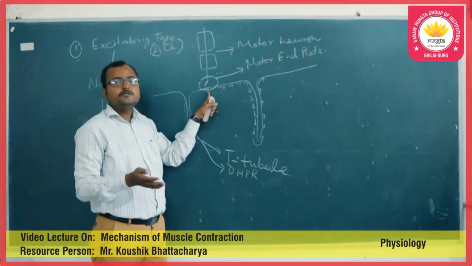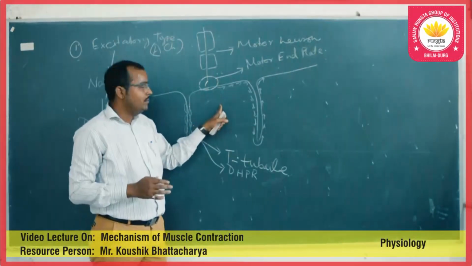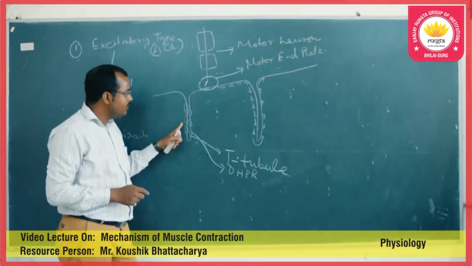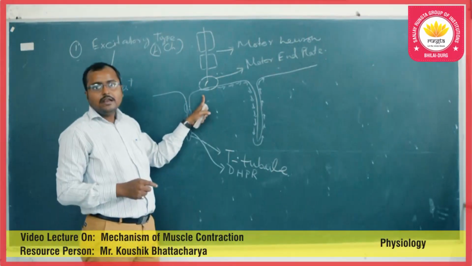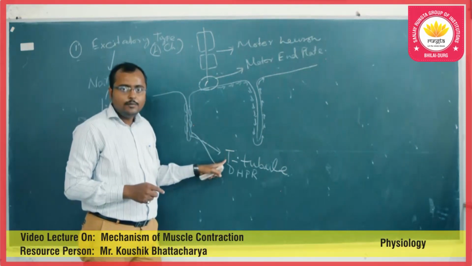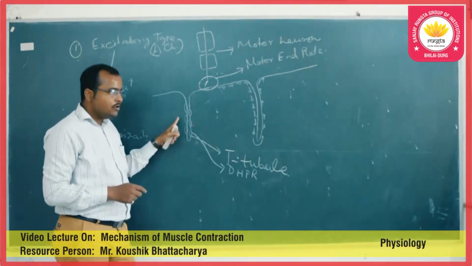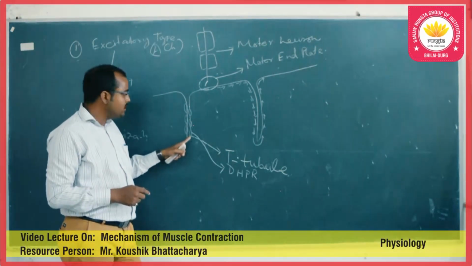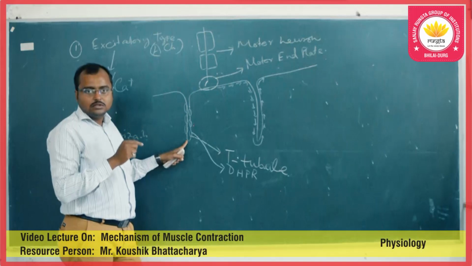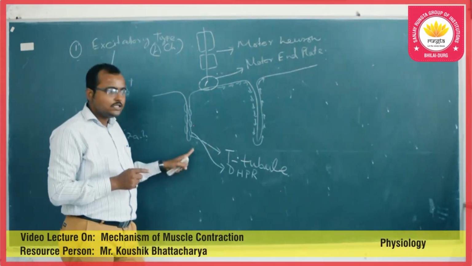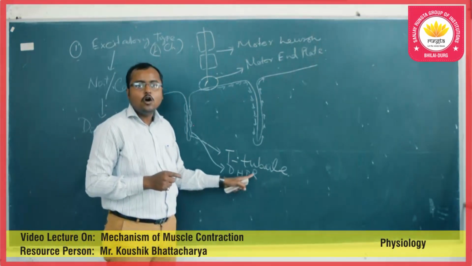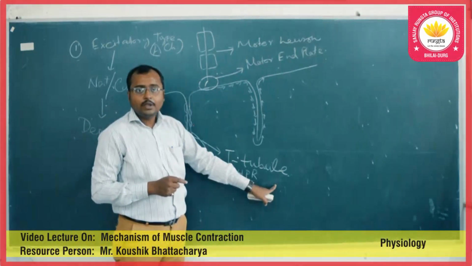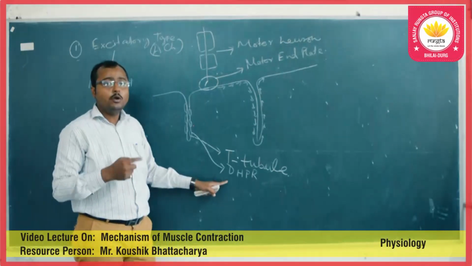Next one is the structural integrity of the sarcolemma. According to the structural integrity, the sarcolemma has one extension. That extension is known as the T-tubule, and the T-tubule has one specific protein on its surface. The protein is known as the DHPR protein, or dihydropyridine receptor protein, and these proteins have only one function.